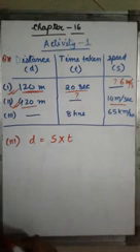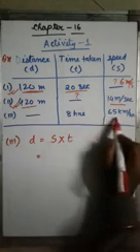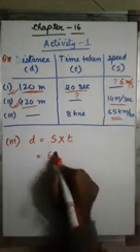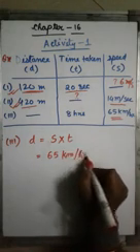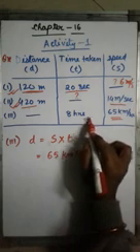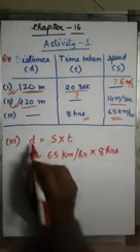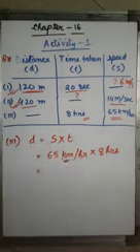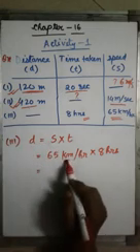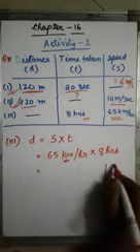D is equal to s into t. So s is what? Speed is 65 kilometer per hour into time is 8 hours. What is the unit of distance? That is kilometer. Distance is length. The unit of length is kilometer. So you have to write the unit kilometer.